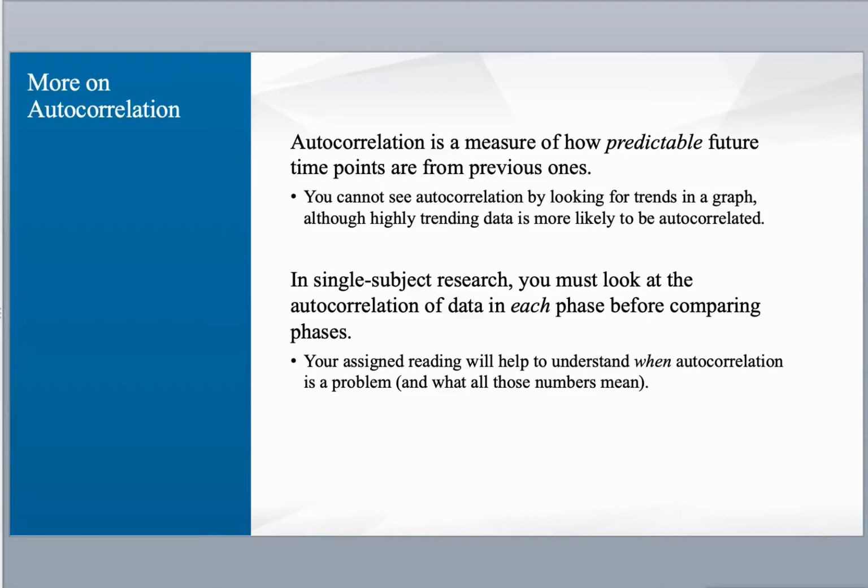So an assumption in the analysis of data in single system research design is that each observation is independent from one another. This means that observations cannot be predicted from one another. When data lacks independence, they're considered correlated. Because data in single system research is measured over time, there is a need to test for a special type of correlation, which is called serial dependency, and that is measured by a correlation known as autocorrelation.